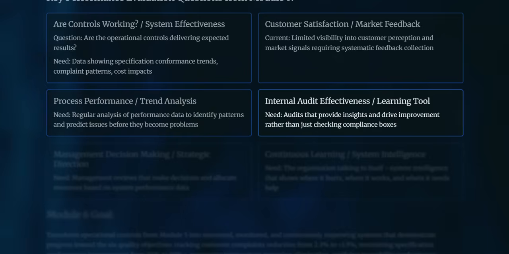Is it effective? We should use internal audit as a learning tool. What we need is the type of internal audit that provides insights and drives improvement, rather than the type that's just checking compliance boxes.